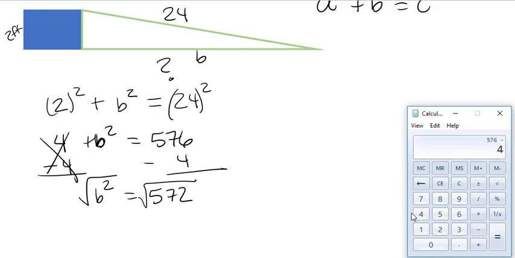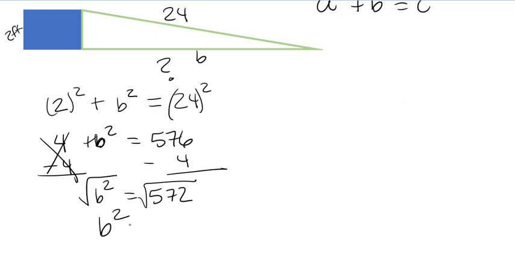So we'll go 576 minus 4, and we'll take the square root, which equals 23.92. So b is equal to 23.92 feet.